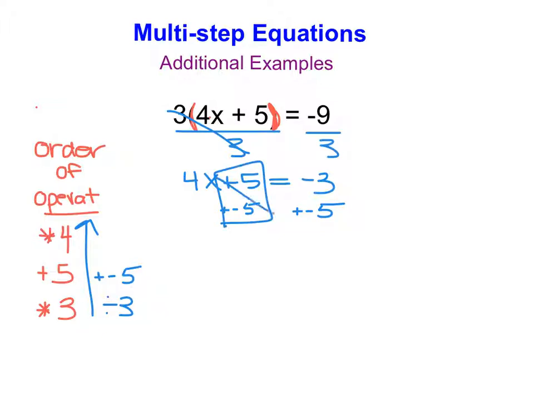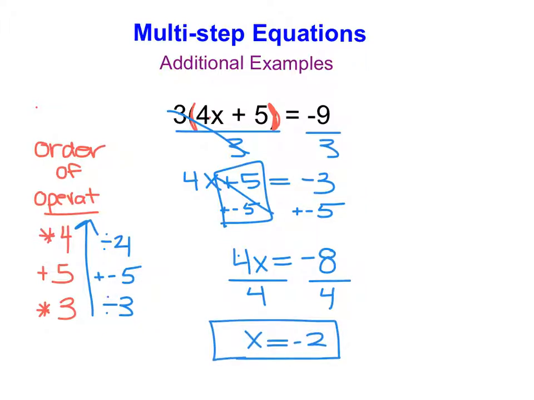So this becomes 0, and we're left with 4x is equal to negative 8. I then need to undo the multiplication of 4 by dividing both sides by 4. And I end up with x is equal to negative 2.